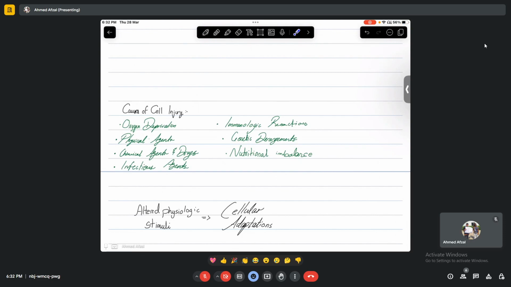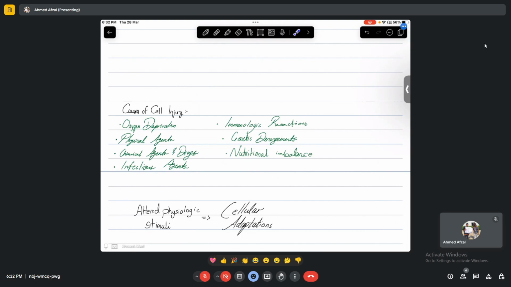Yes, but do we need to remember the examples for each type of cause of cell injury? Like physical agents, these are easy, but do we have to remember the examples for all of them, like immunological reactions and genetic rearrangement? Hopefully not, because they're not in the slides.